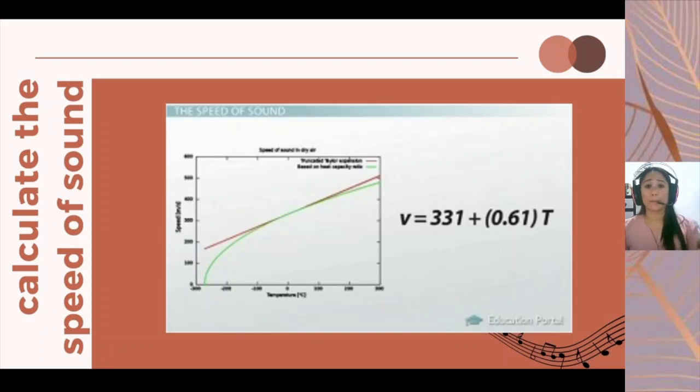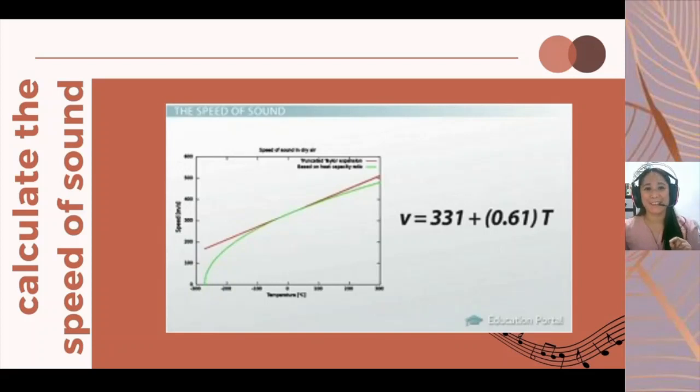Kumbaga, para makuha natin yung speed ng sound, kailangan nating i-consider yung dalawang factors, the frequency and the wavelength. But since ang gagamitin nating temperature dito ay constant, which is 331, kanina nabanggit ko yan, was that a higher temperature or lower temperature na velocity? 'Di ba kanina may nabanggit ako sa inyo, kapag 20 degrees Celsius, ilang meter per second yun? At kapag 0 degrees Celsius, ilang meter per second yun?